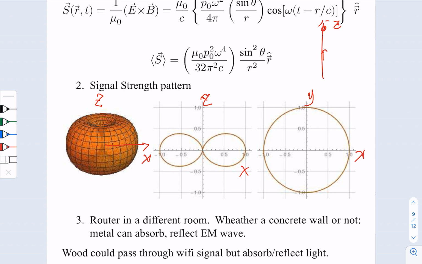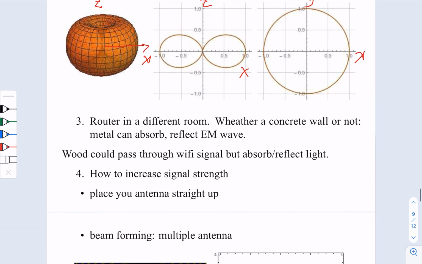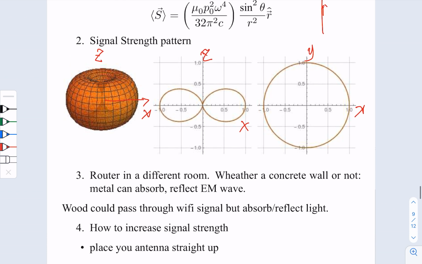So one suggestion for you when you get back home is that instead of pointing your antennas to the left, to the right, or at arbitrary angles, the best is to place your router on a surface that is similar to human level, and point your Wi-Fi antenna straight up.